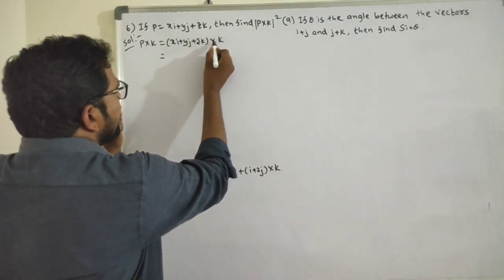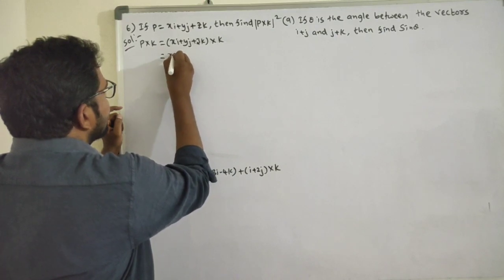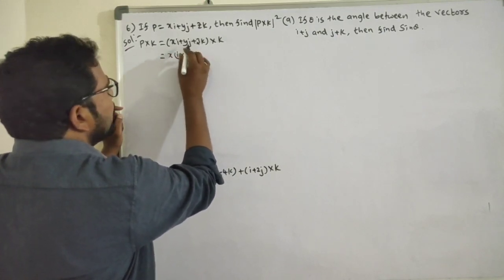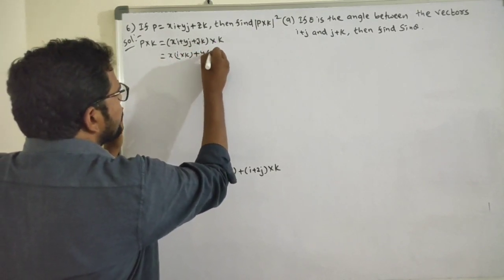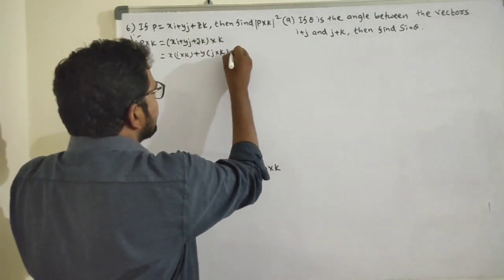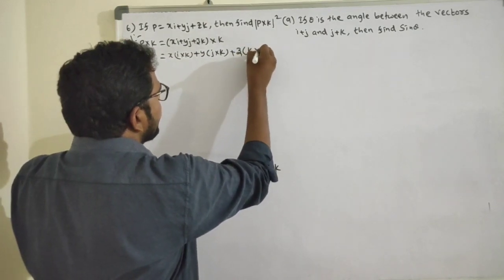So the first one is X into i cross k, next plus Y into j cross k, plus Z into k cross k.